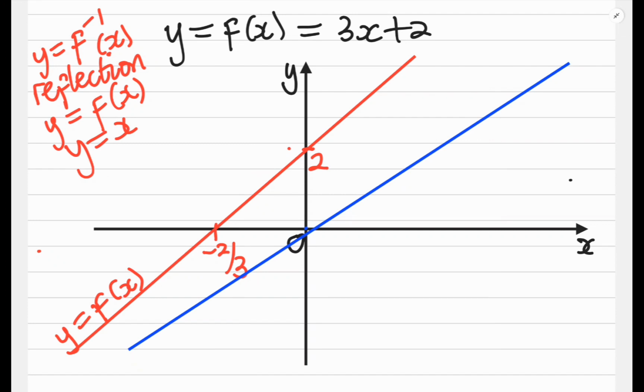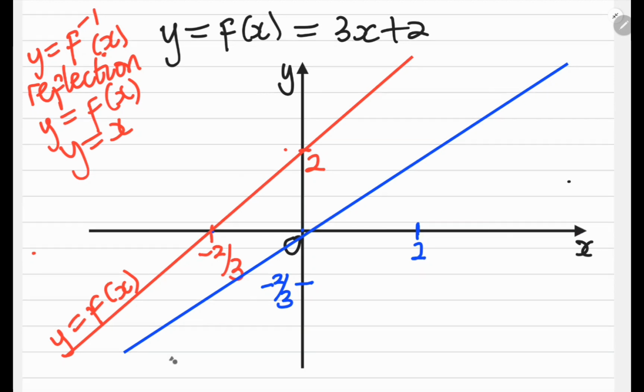That's my line y is equal to x. So I'll reflect. The y coordinate will become the x coordinate. The x coordinate will become the y coordinate. So y coordinate of 2 becomes an x coordinate of 2. X coordinate of negative 2/3 becomes a y coordinate of negative 2/3. So that's where my f inverse shall pass through.